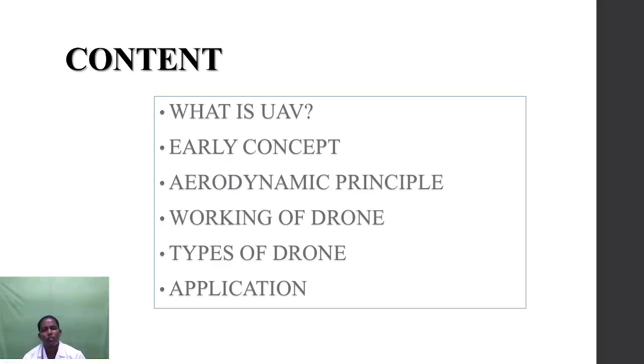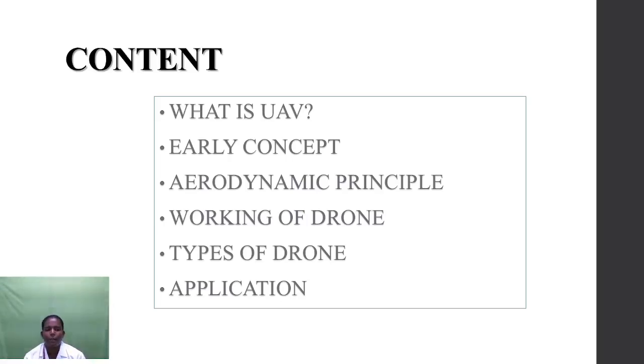First we will learn what a UAV or drone is. UAV means unmanned aerial vehicle. It operates without a human pilot. Then we will discuss the history and early concept of drones. After that we will study the aerodynamic principles and how the drone flies.